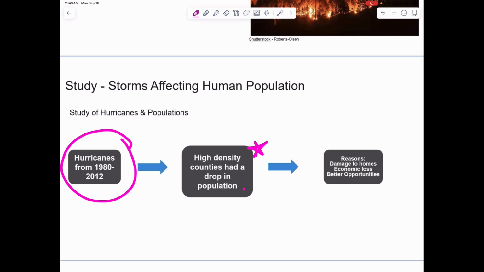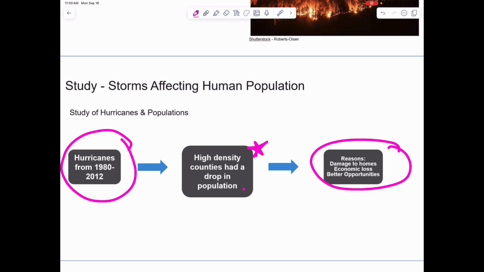This was because there was damage to homes and economic loss. Maybe they moved away because of these storms and realized they could get better economic opportunities elsewhere. So they left these areas with high hurricane occurrence for different areas, for reasons of the damage, the economic loss, and the better opportunities.